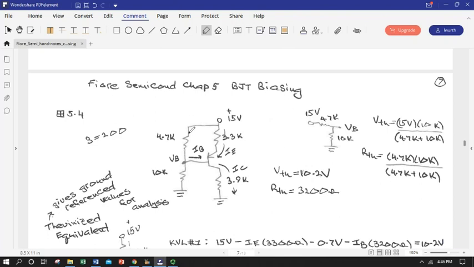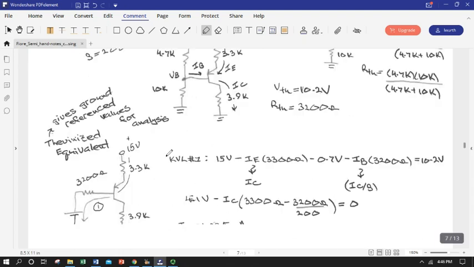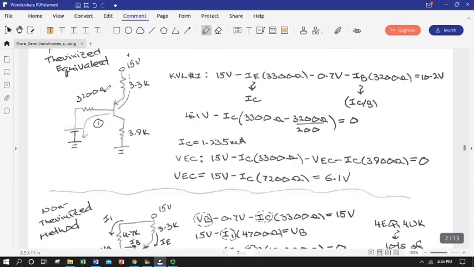This is basically the same circuit, example 5.4, but there's more detail given about how I got the Thevenin equivalent. So our R Thevenin of 3200 and V Thevenin of 10.2 end up going into our simplified circuit.